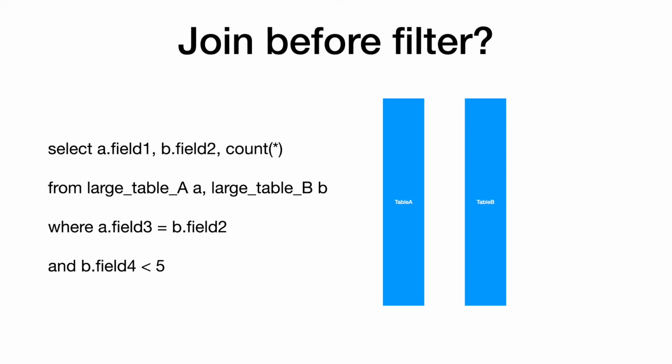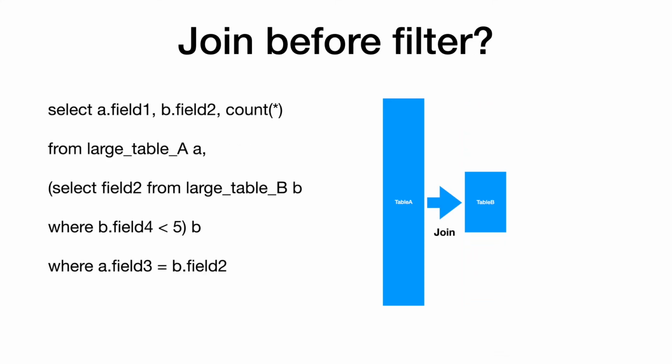In that case, the broker runs out of memory and nothing really works. But what works really well is if I rewrite my query so that, again, I use a bracket, select from table B, and apply the filter condition on table B. And then from that, I join table A, right?